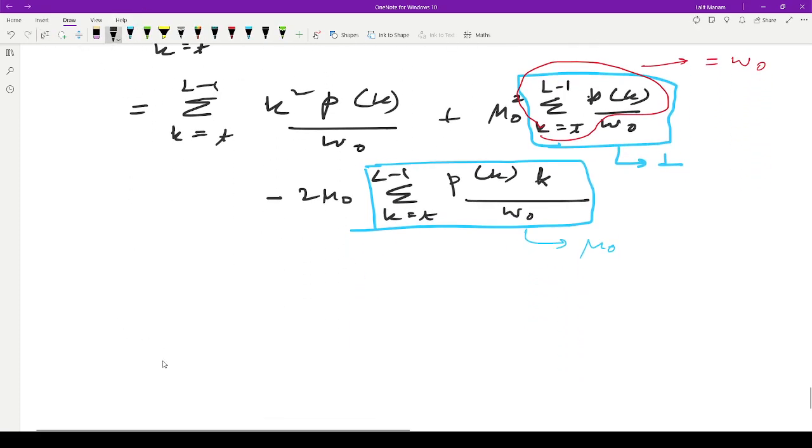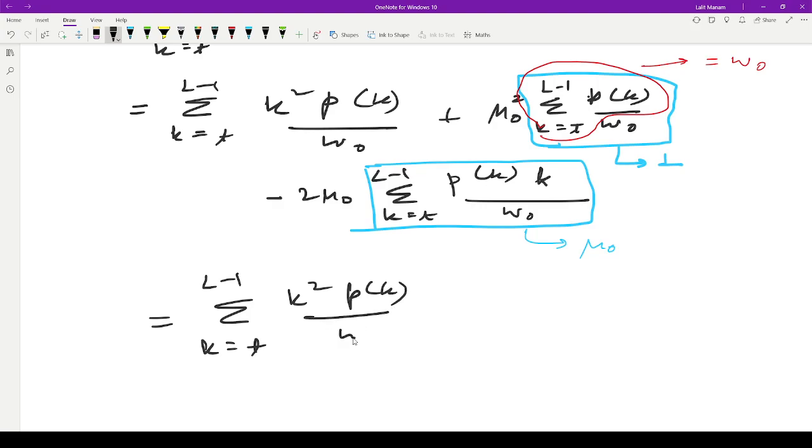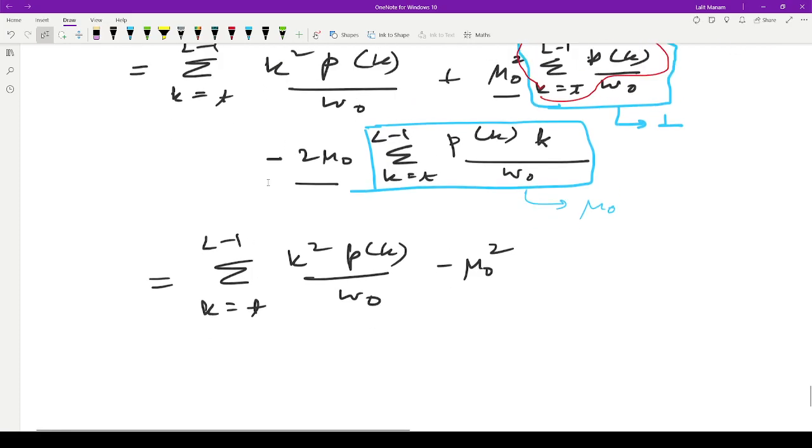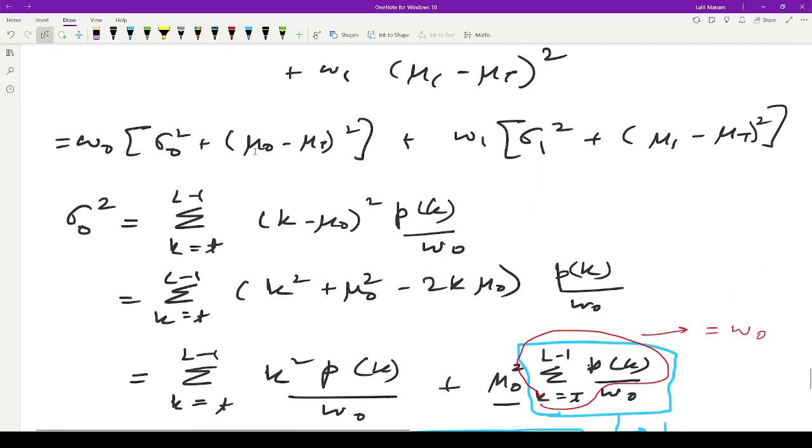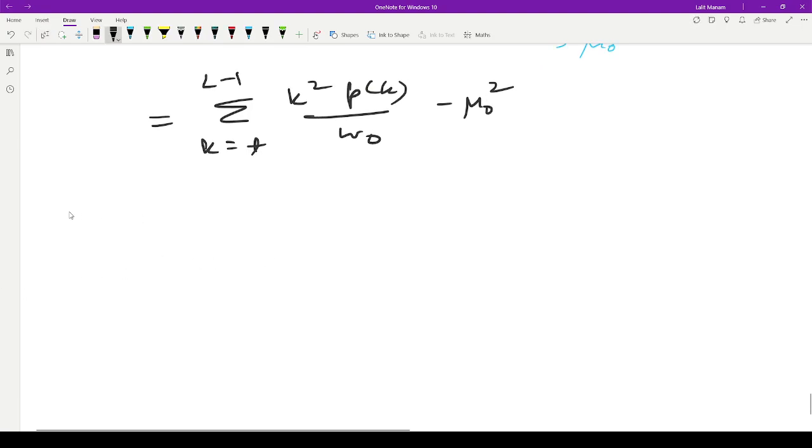So ultimately what we get is summation over k equals t to L minus 1 k square pk upon w naught. So this is what? Mu naught square. This is minus 2 mu naught square. So we get the expression minus mu naught square, which is quite familiar if you remember the statistics: how to compute variance. This is the other formula for computing variance. So we now look at this first expression out there, and we try to simplify it.